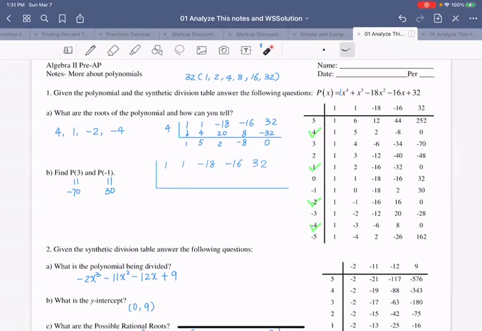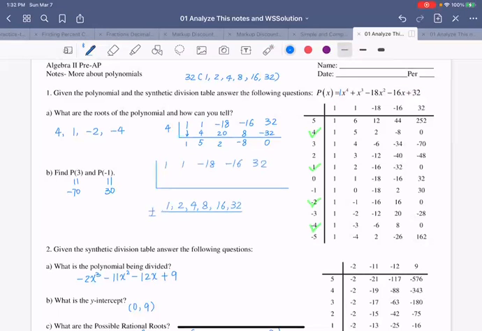If you want to try, you know the PRR, possible rational roots. Possible rational roots uses the factors of the constant term divided by the factors of the leading coefficient. So you could have roots of positive or negative factors of 32, which could be 1, 2, 4, 8, 16, and 32.